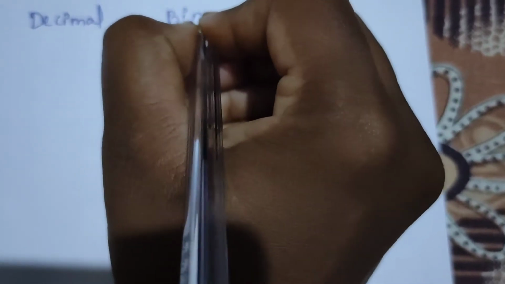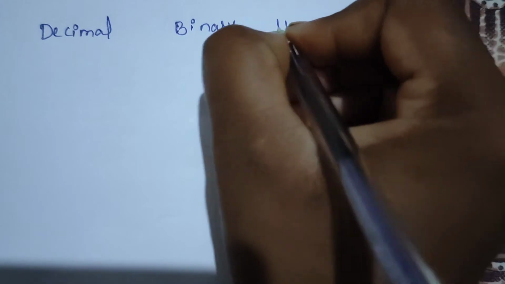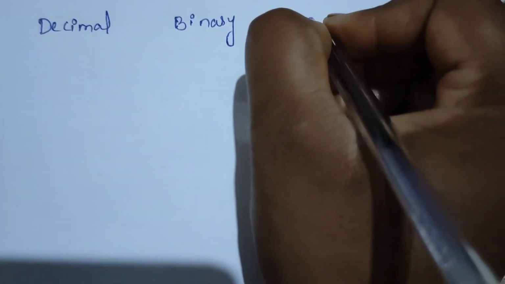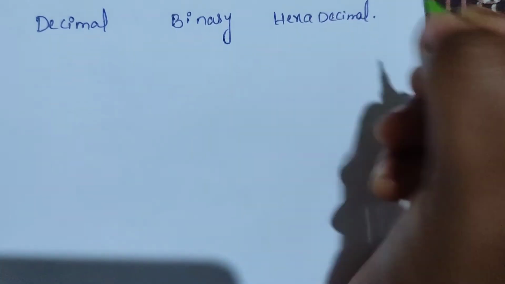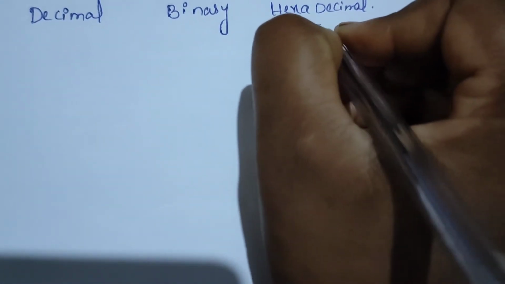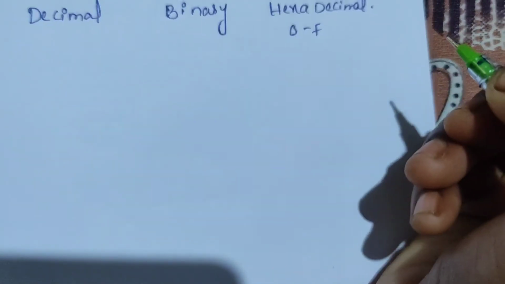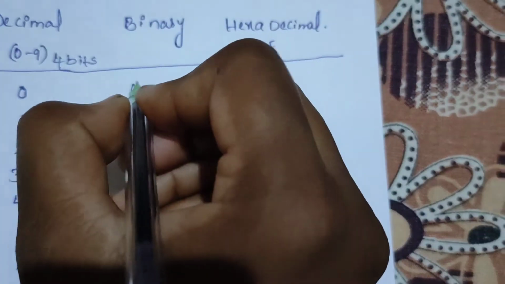Before taking an example, we will see how these decimal and hexadecimal numbers are represented in binary form. Now, hexadecimals are from 0 to F, that is total 16 symbols will be there, and decimals are represented from 0 to 9.